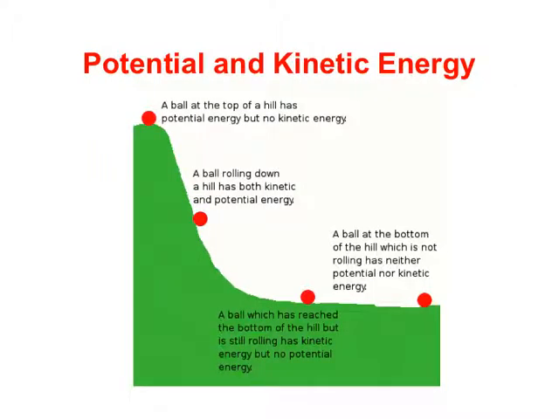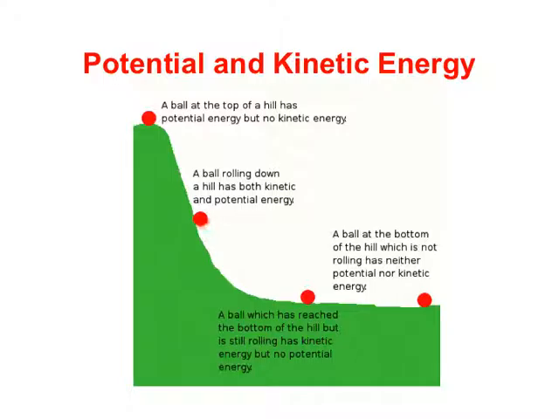Okay, so let's look at this hill with the ball at the top of the hill. The ball at the top of the hill has a great amount of potential energy and zero kinetic because it's just sitting there. It has no motion whatsoever. So it has the highest potential energy. As it starts to roll down the hill, it's going to lose potential and gain kinetic.